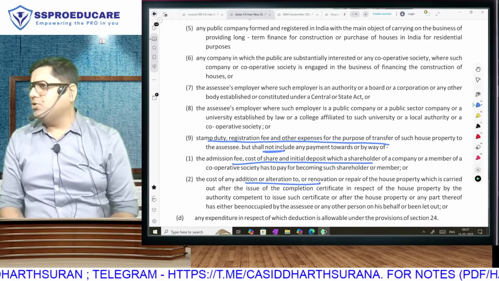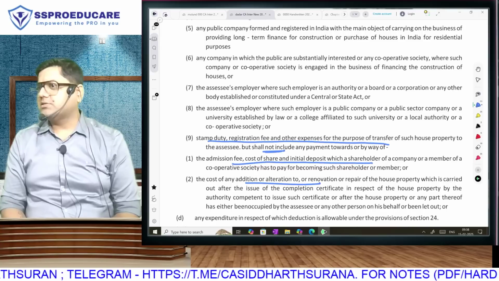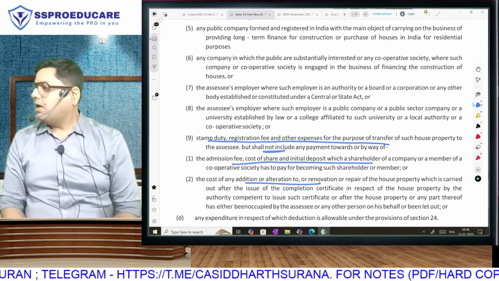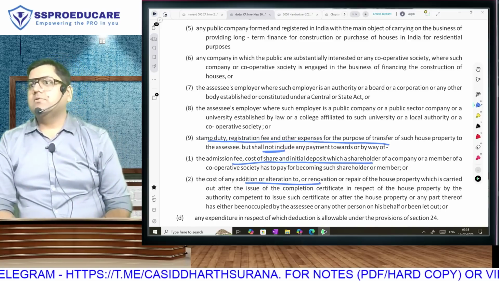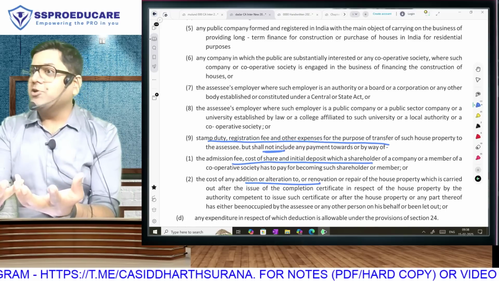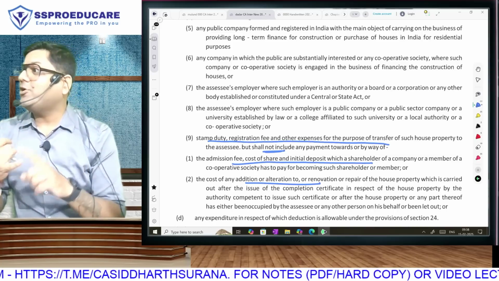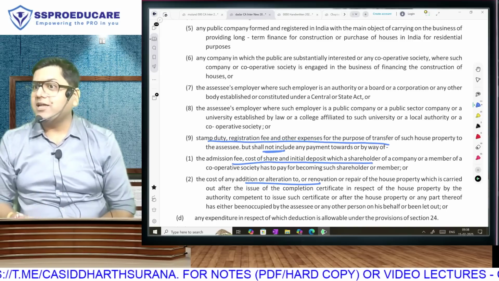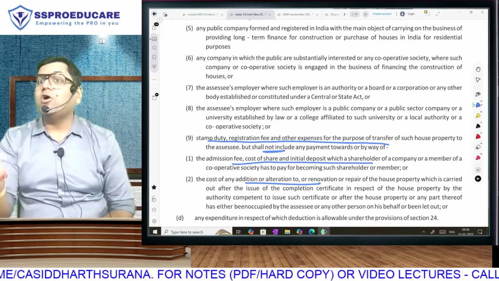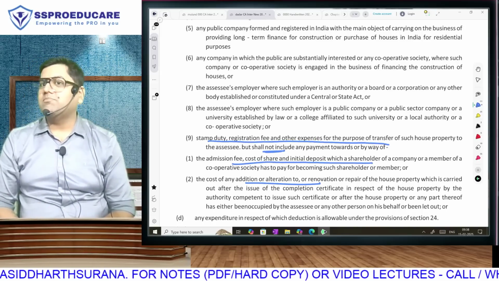Not to show off, but I have told you that recently I happened to purchase 2 properties. So with that experience, I am sharing this with you. The moment you become the new owner, one, for registration of property in your name, you have to pay stamp duty. 2, now the housing society in which your property is located, you want to transfer the share certificate in your name.